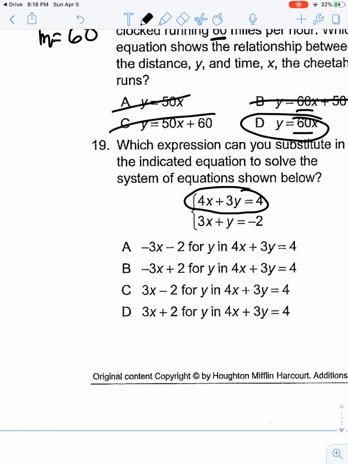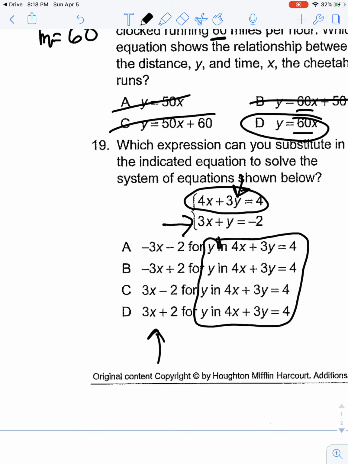And if you'll notice, all of these are for the y in that equation. So what we need to do is figure out what can we substitute from this equation into this one for y.